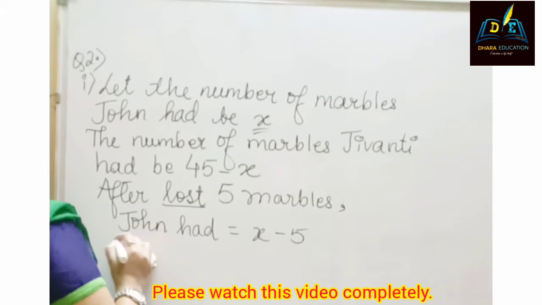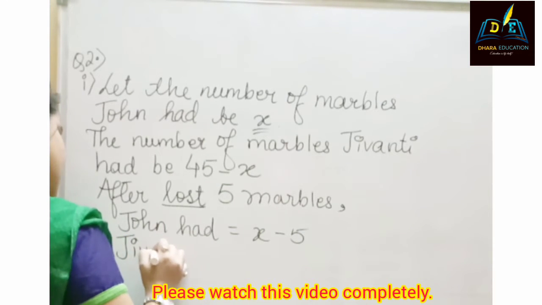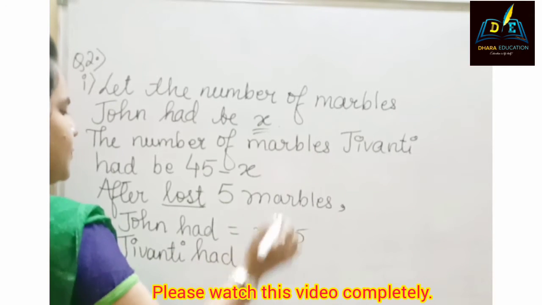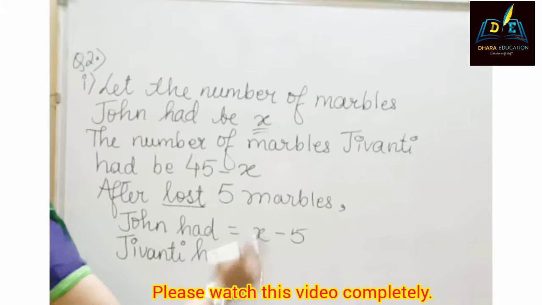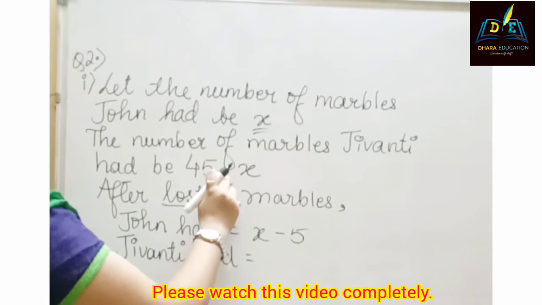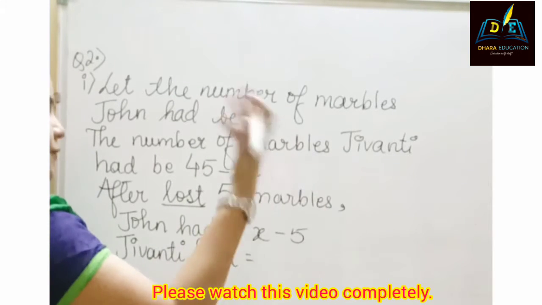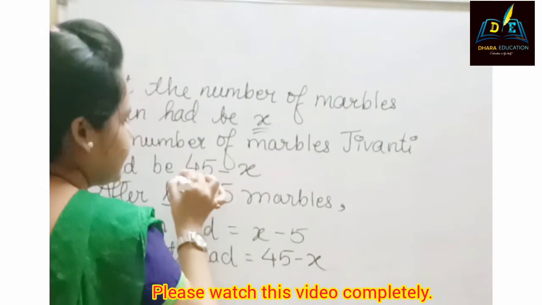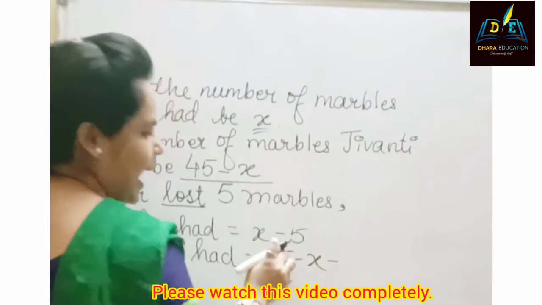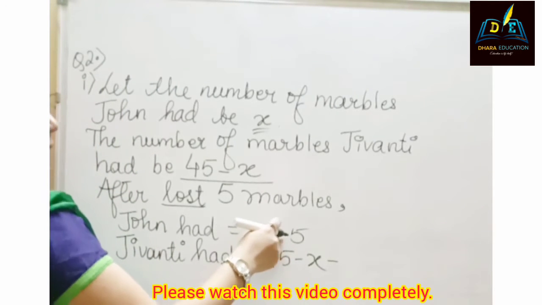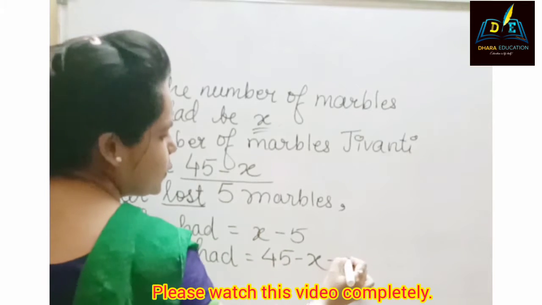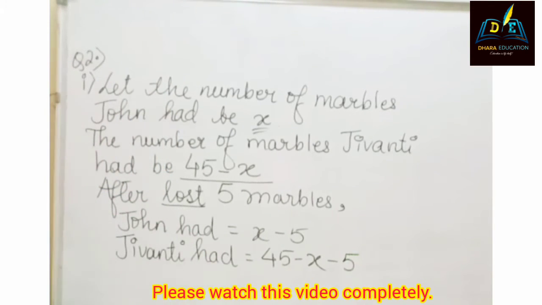On the other hand, Jivanti had, what will be the next term? That is 45 minus x minus 5. So we will write 45 minus x, this entire term, and then as I have written here minus 5 because both of them lost 5 marbles. So we will write 5 as well.